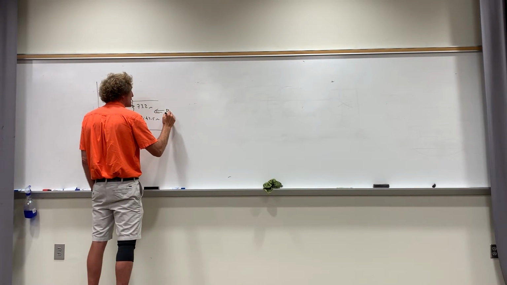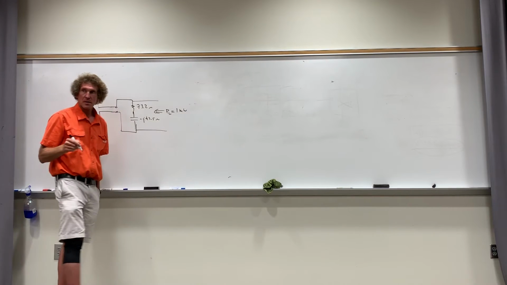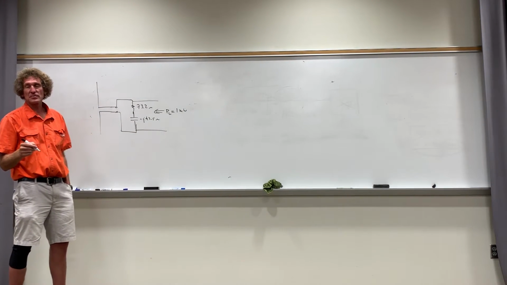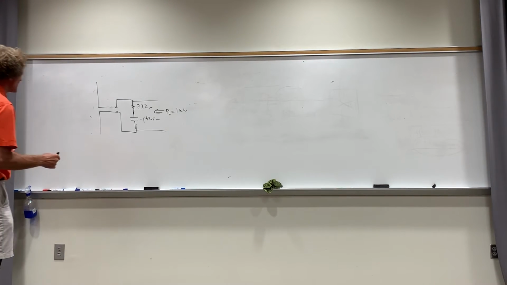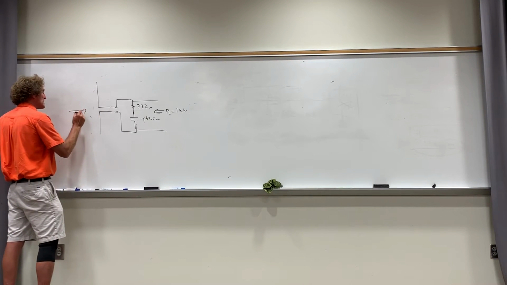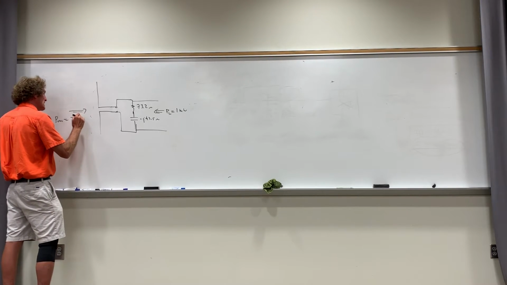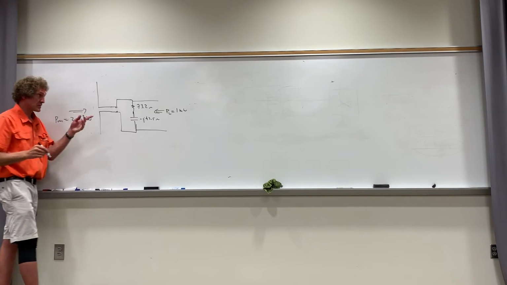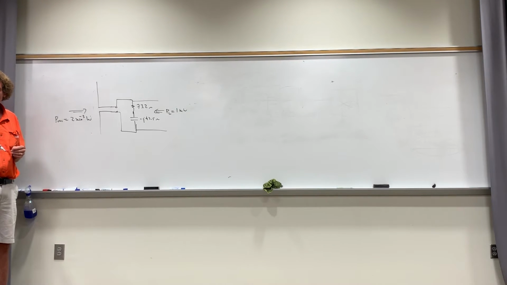P load is 1 milliwatt, right? Yeah. That means it's receiving twice that. You're absolutely right about that. Since it's a matched load, the antenna has to be receiving twice that. This means P received is actually 2 times 10 to the minus third watts. If it's received with a matched load, you get half the power out that's received by the antenna.